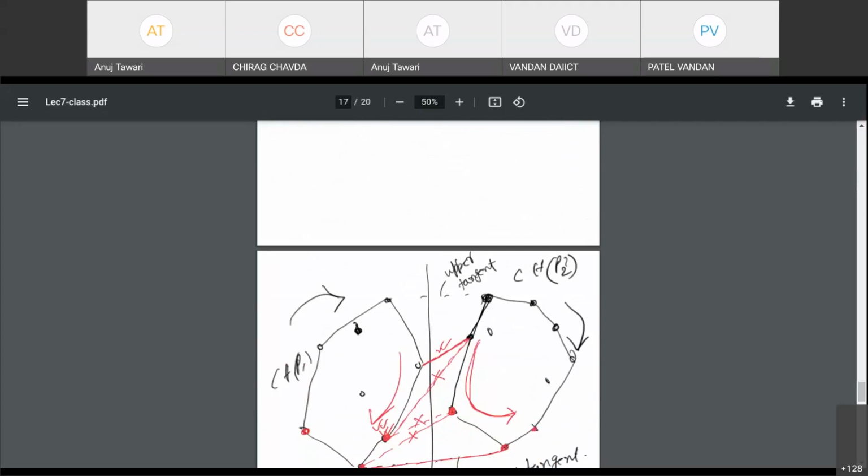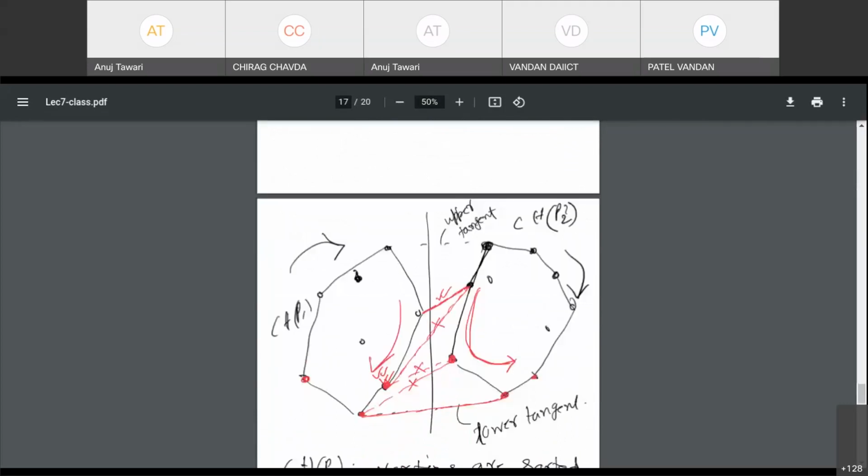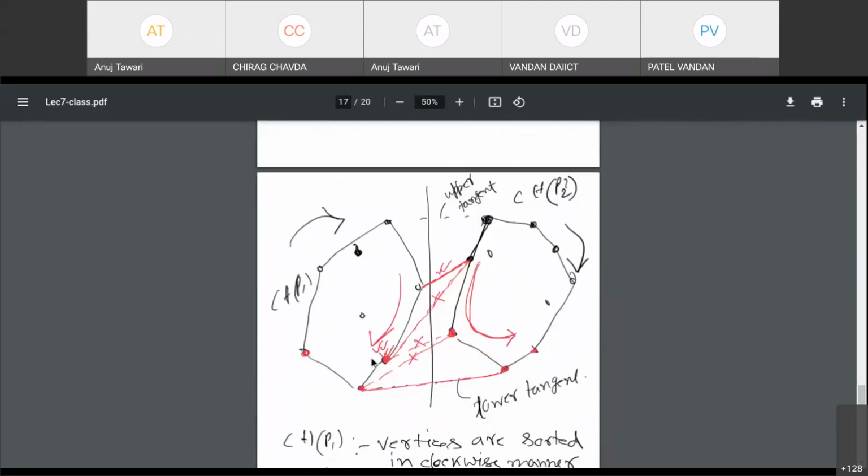And how do you merge? Let's say I have this convex hull here and this convex hull here, and I want to merge these two convex hulls to get a new convex hull.